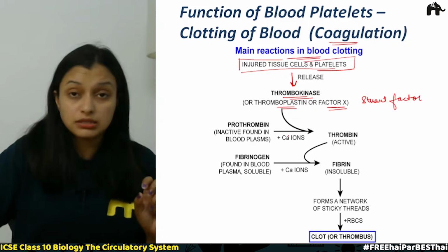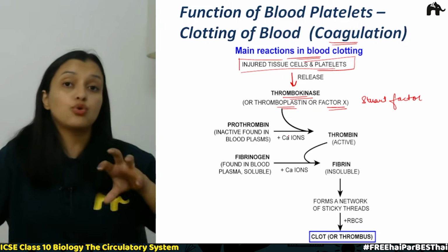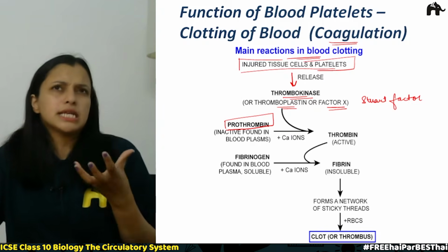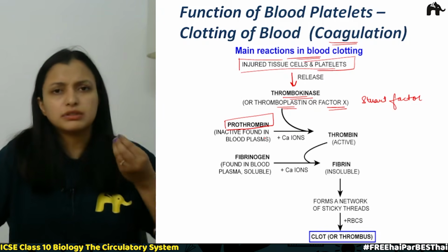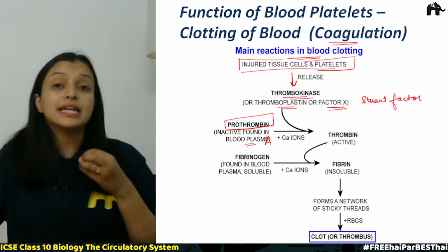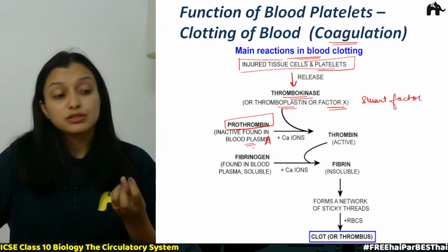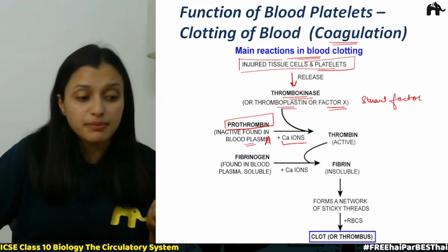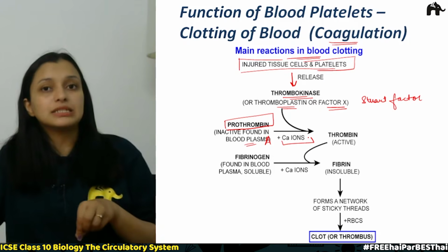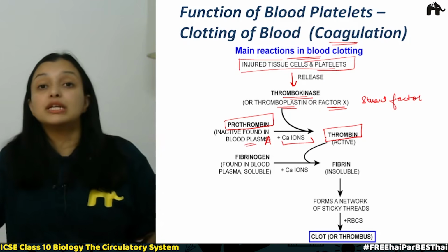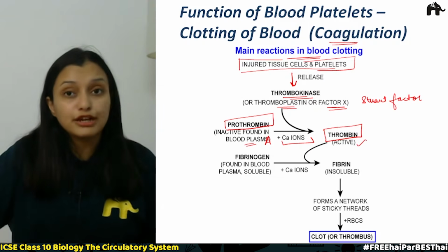Now this thrombokinase will go and activate prothrombin. Prothrombin is an inactive substance found in the blood plasma. The thrombokinase, along with the calcium ions which are also present in the plasma, will activate this prothrombin into thrombin, which is the active form.